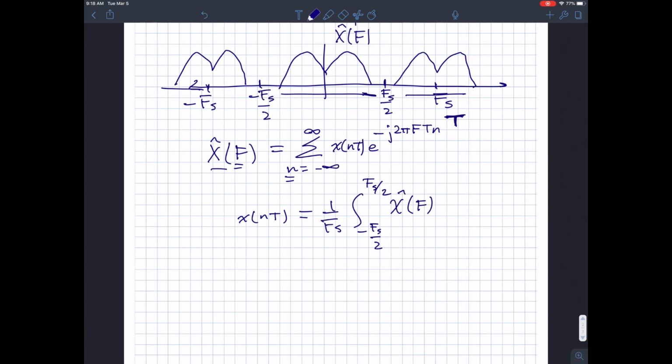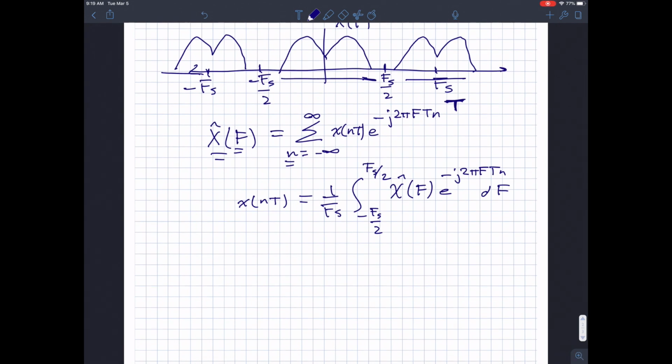It seems weird because it's a function of f, but that would still work. e to the minus j 2 pi f T n, df instead of dt. So everything's working just exactly the same. It's just we're interchanging the role of time and frequency.